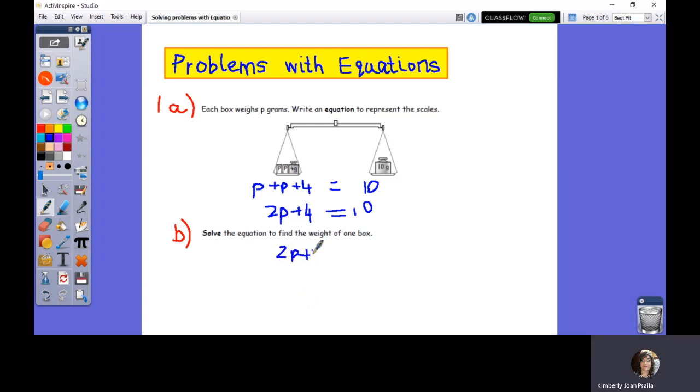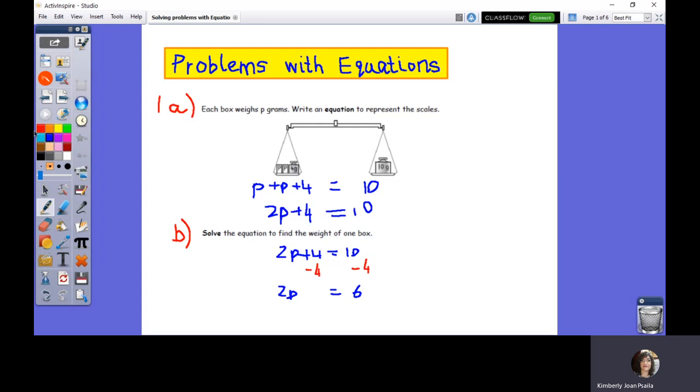2P plus 4 is equal to 10. Okay, we get rid of plus 4 by subtracting 4 on both sides. So we have 2p, this becomes 0, 10 minus 4 gives us 6.